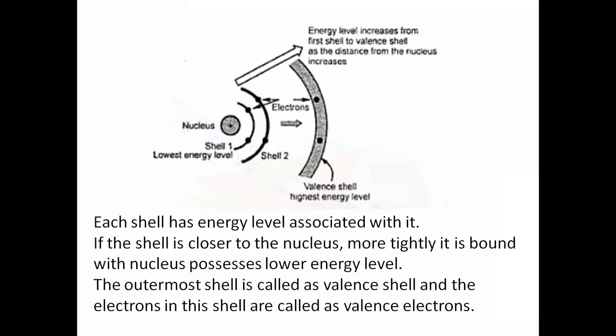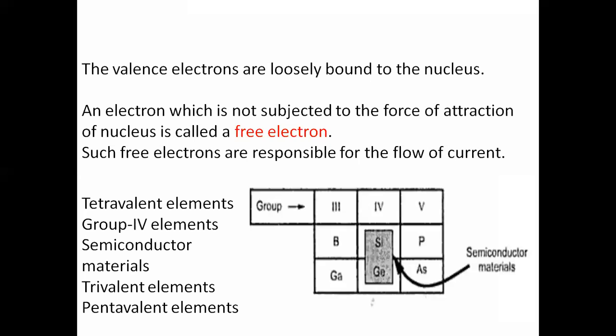Okay, so generally there are three types of materials: conductors, insulators, and semiconductors. For conductors, we have free electrons, and there are many of them.